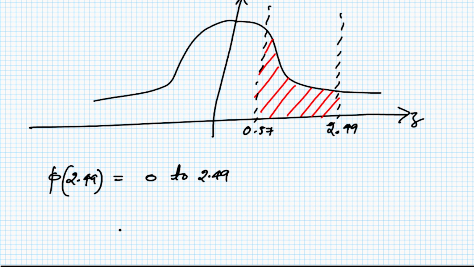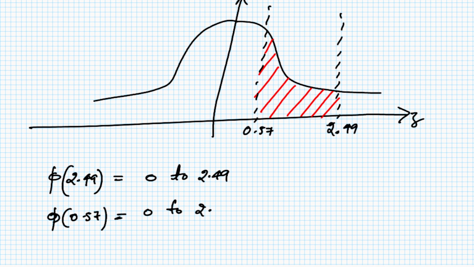Again, there is a value 0.57, so I calculate phi of 0.57. If you look at that carefully, this gives 0 to, not 2, sorry, my mistake, 0 to 0.57.